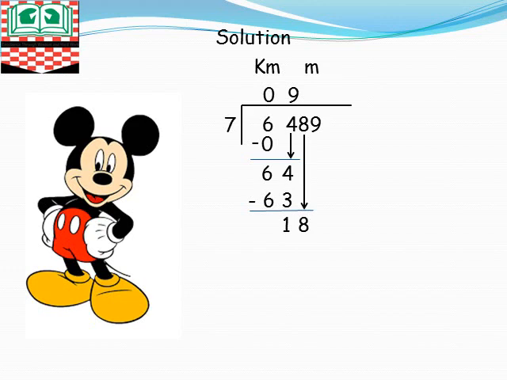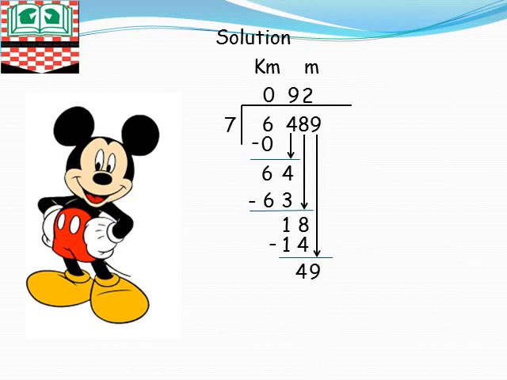How many 7s are there in 18? Just 2. 2 times 7 is 14. Then subtract. 18 minus 14 gives us 4. We leave that aside. Then we bring down 9.